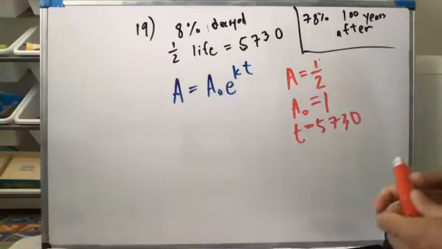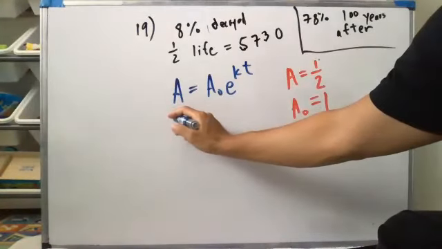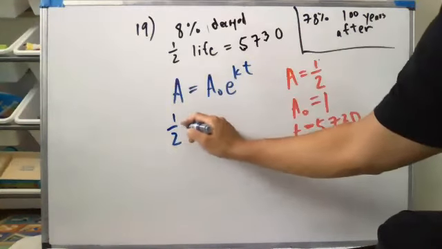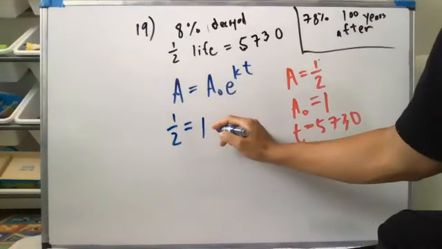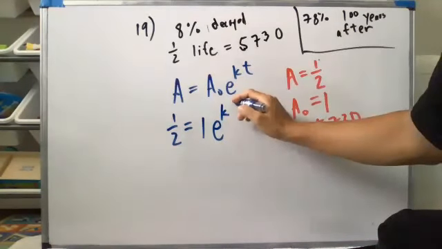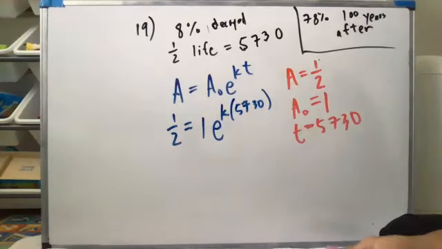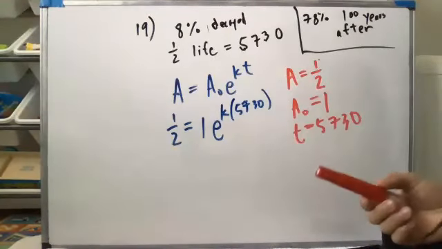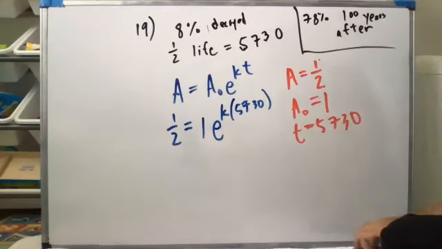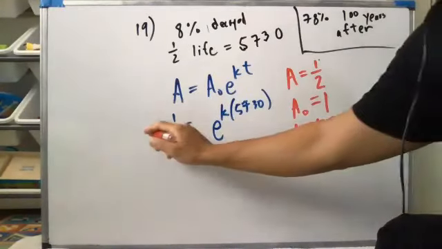To solve this, I'm just going to plug in all the values. 1/2 is equal to 1 times e to the k, which I don't know, times 5,730. The 1 I can ignore. I'll take the natural log on both sides.